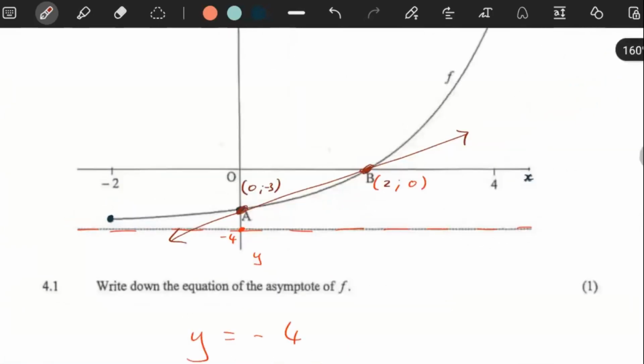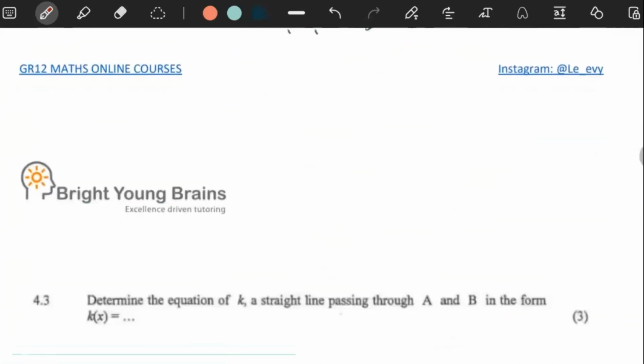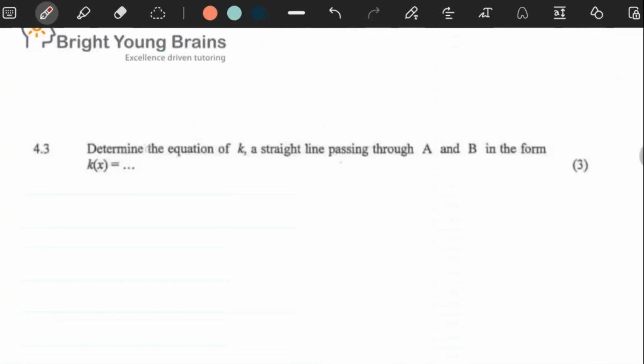So we have 2 coordinates, and we need an equation that passes through those 2 coordinates. That's quite straightforward because any equation of a straight line is equal to mx plus c. The value of m is always going to be the gradient between any 2 points that the graph passes through. So here we have -3 and 0, and then here we have 0 and 2.